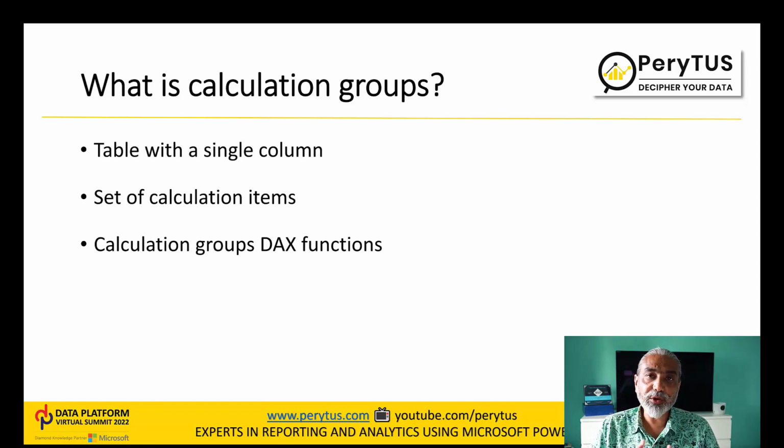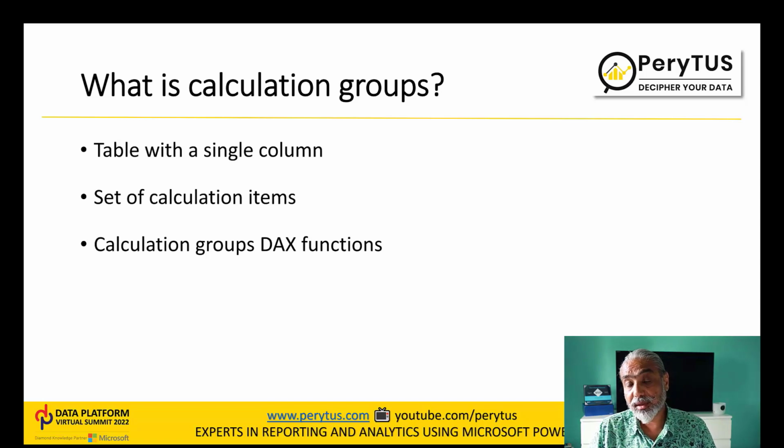When you develop a calculation group, it's a table with a single column in it. Actually, there are 2 columns, but one column is hidden. You can unhide it. That's the default. It starts with 2 columns: one is the name of the column you give when you develop the calculation group, and the other column is ordinal, which is a sort order for how you want to sort the calculation items.